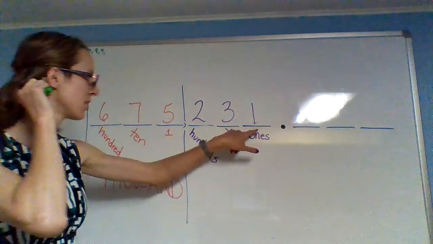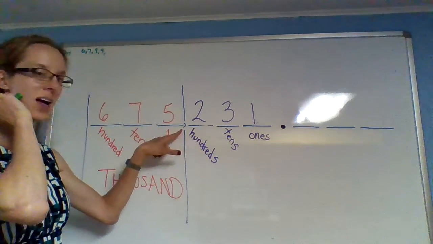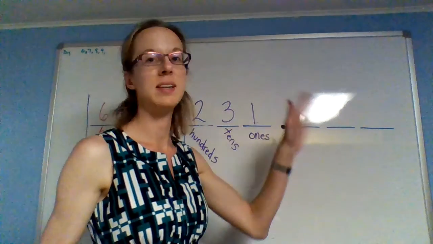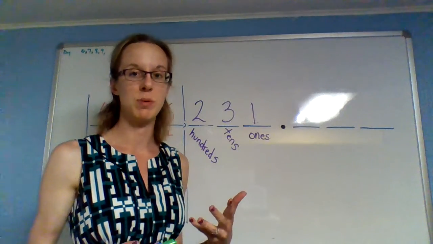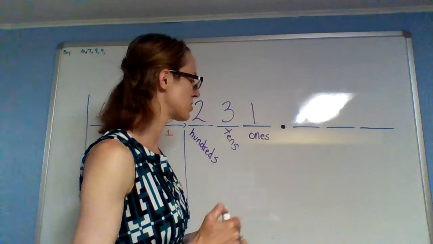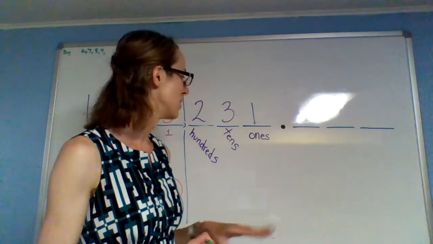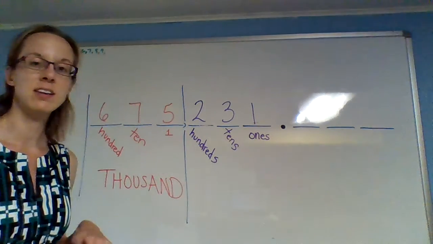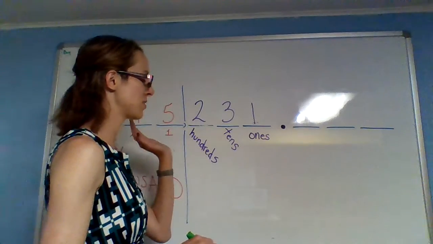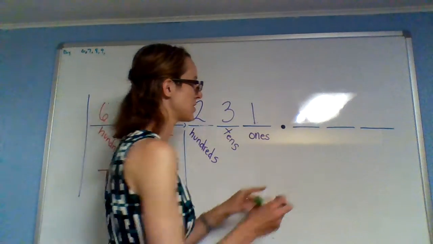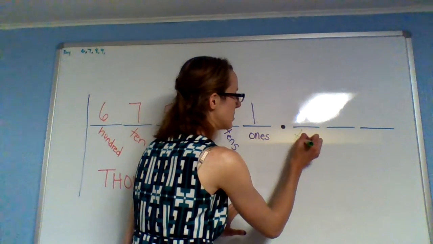So even though over here we chunk 3 together and then use a comma, in this part, we never see commas in the decimal portion. In the decimal portion, we also add TH endings to our spots, but they follow the pattern that we had going in this direction. So after the decimal comes tenths.